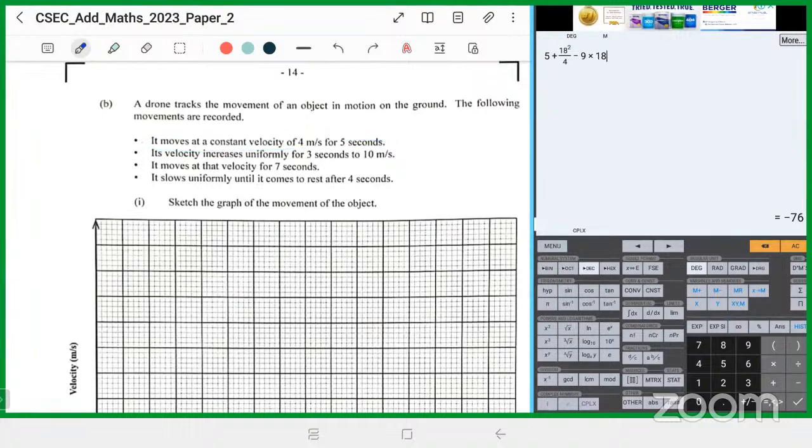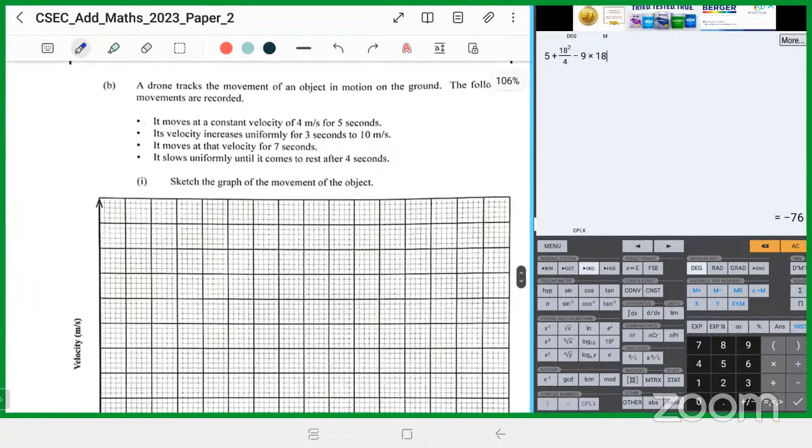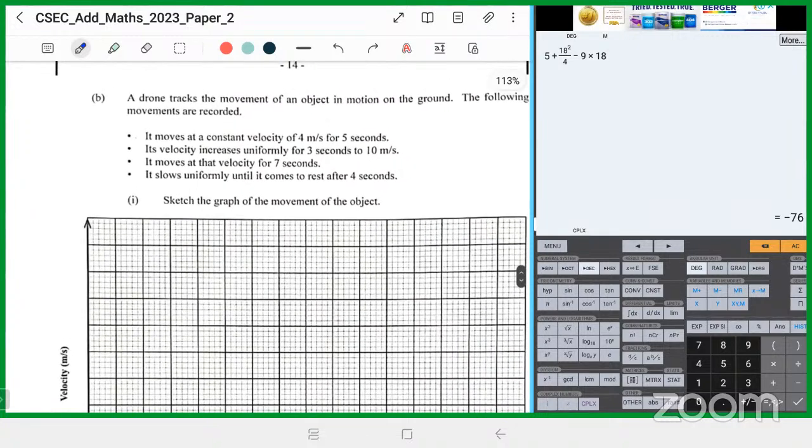That's the first thing. Its velocity increases uniformly for 3 seconds to 10 meters per second. It moves at a velocity of 7 meters per second for 7 seconds. Then it slows uniformly until it comes to rest after 4 seconds.